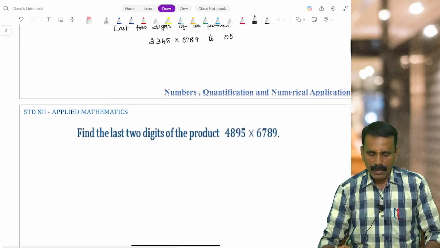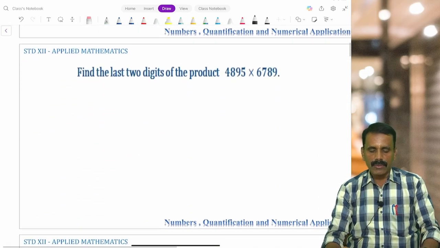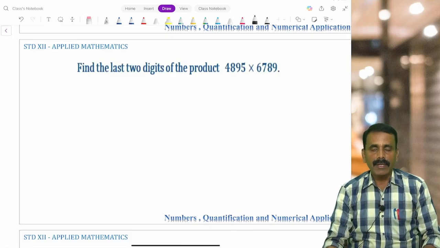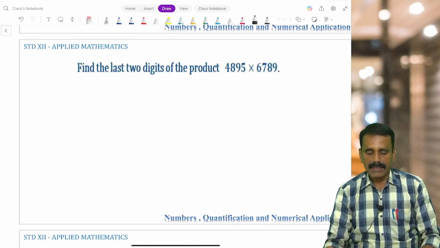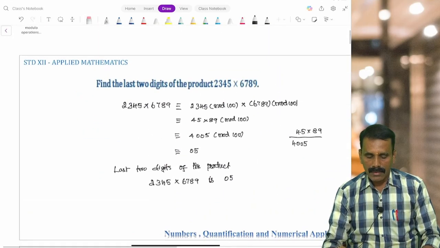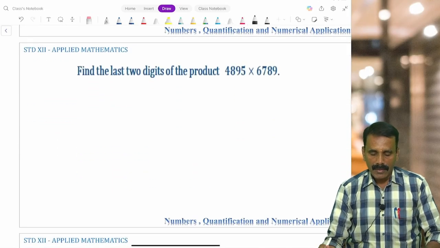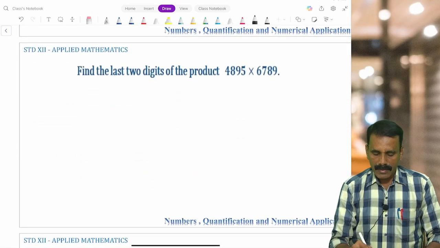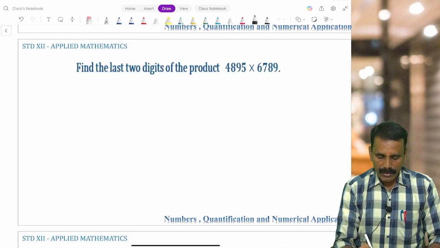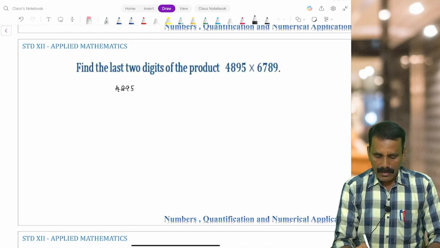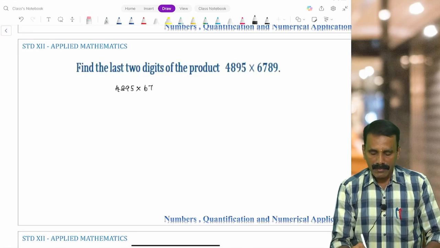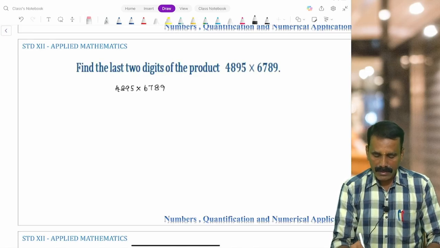Similarly, we are going to see another problem. Find the last two digits of the product 4895 multiplied with 6789. So the same way we are going to proceed. We are going to use the concept of product of the modulus, 4895 multiplied with 6789.